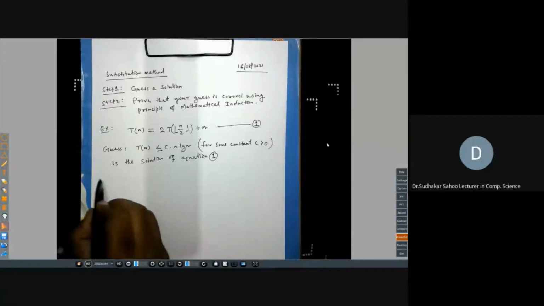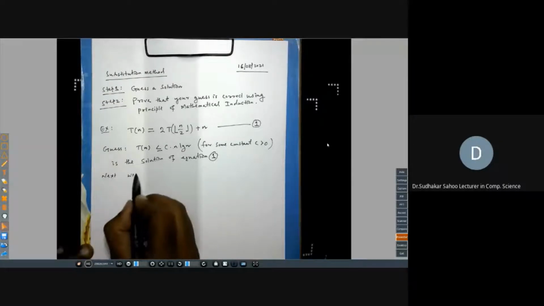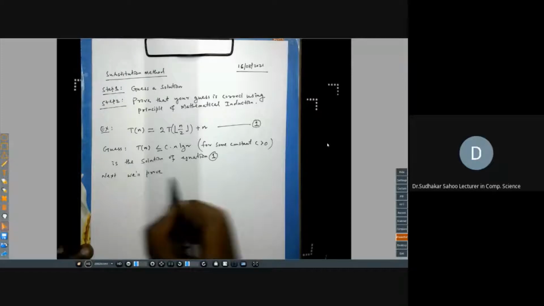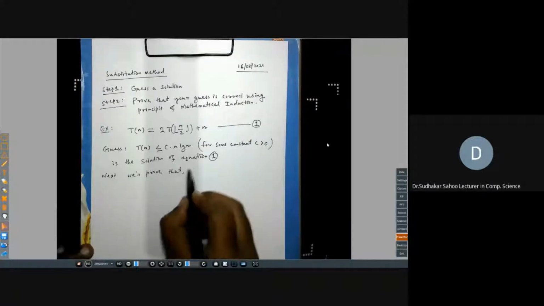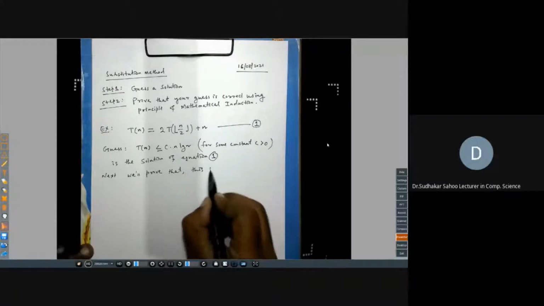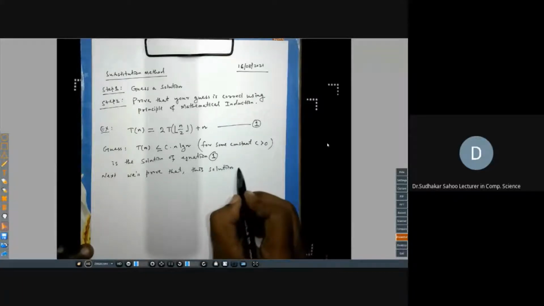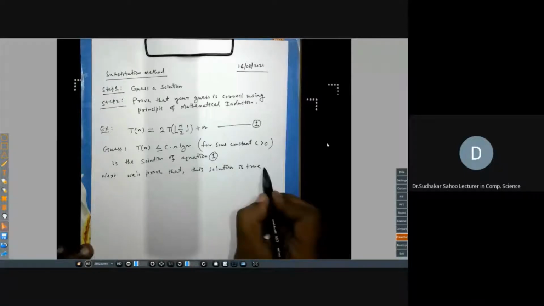Next we will prove that this solution is true. How to prove?